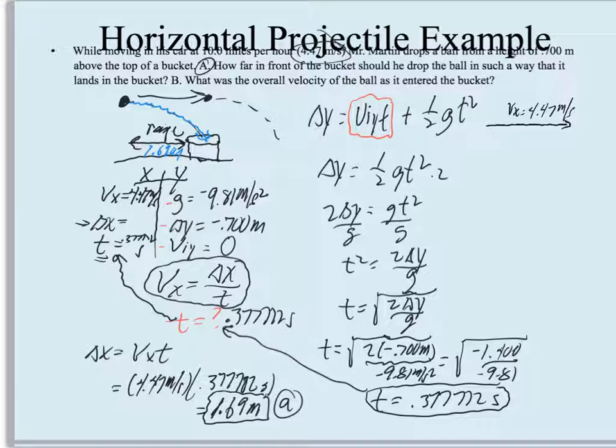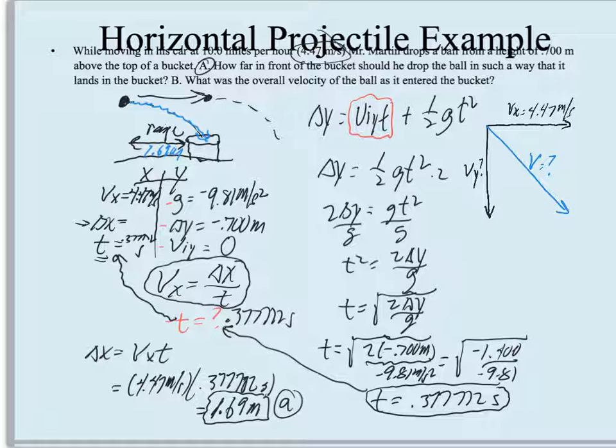We have the downward velocity, which we call Vy, and we don't know that. And we have the overall velocity, which is what this question is asking for. It's asking to find the overall velocity.